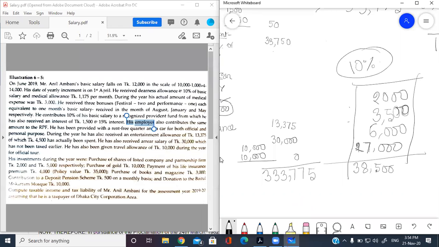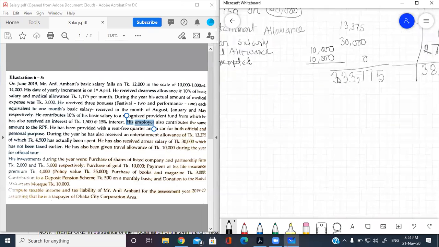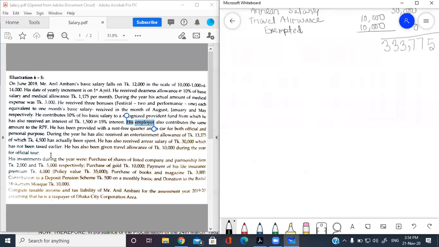So first of all, we have learned how to calculate the eligible amount. Let's write the eligible amount first: 38,500. Now you have to compare this number with another number. So you can ask me what are those numbers or what is the rule.